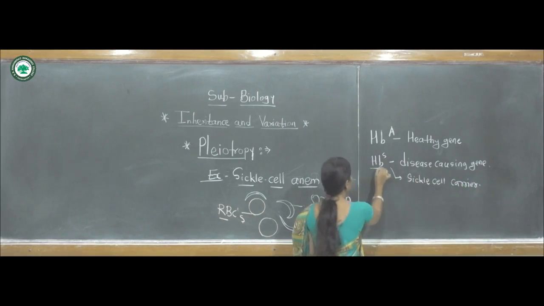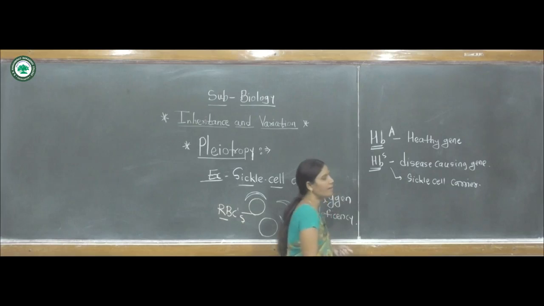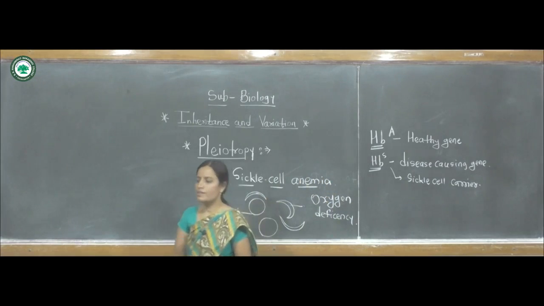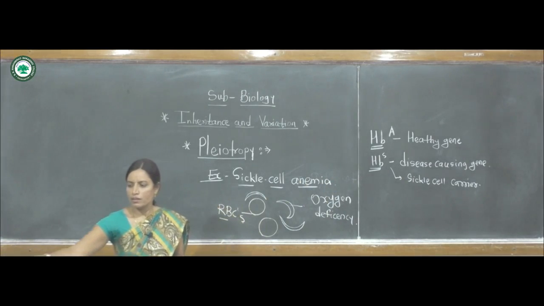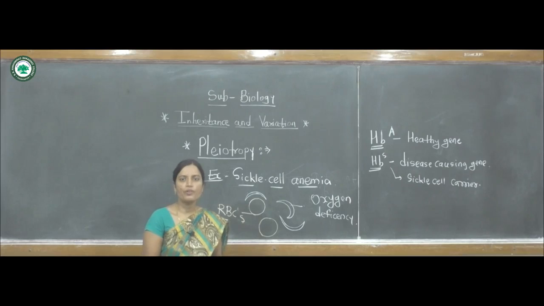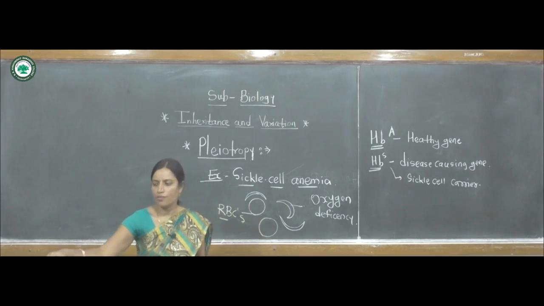Now these are the two genes, one a healthy gene and the other a disease-causing gene. In this sickle cell anemia, there are some phenotypes or genotypes forming.